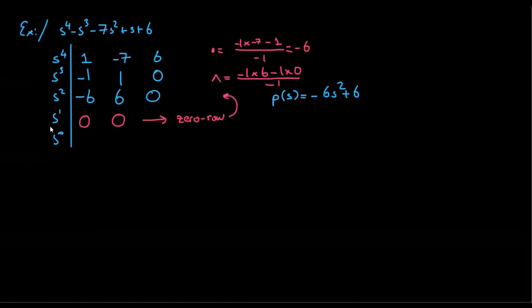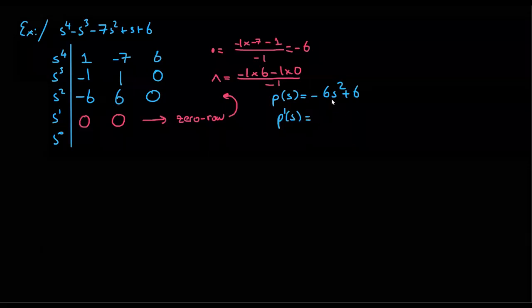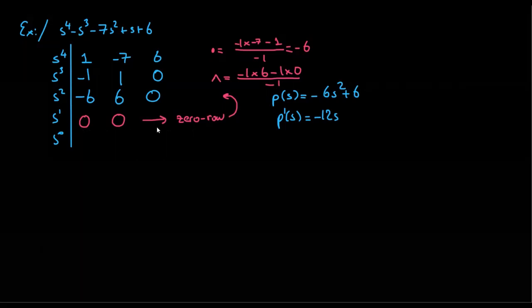And I will replace the 0 with the coefficients of the derivative of this polynomial. So I will compute P prime of S, which is equal to minus 12s, and replace the 0s with the coefficients of this polynomial P prime of S. So instead of 0, I will write minus 12.